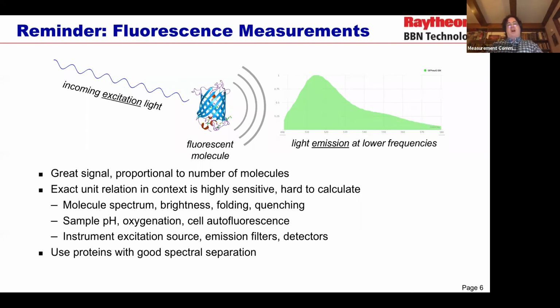Later today, we'll talk about how to calibrate for a flow cytometer, where there are some fantastic tools to help us. And when we use more than one fluorescent protein, we want to make sure that they have good spectral separation so that those emission blobs are not overlapping each other a bunch with the excitations that are being used for each.